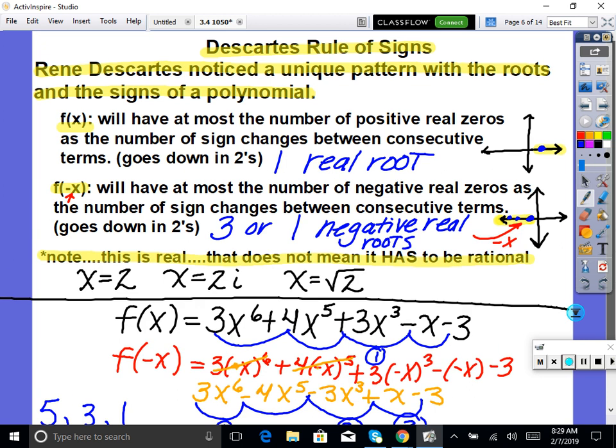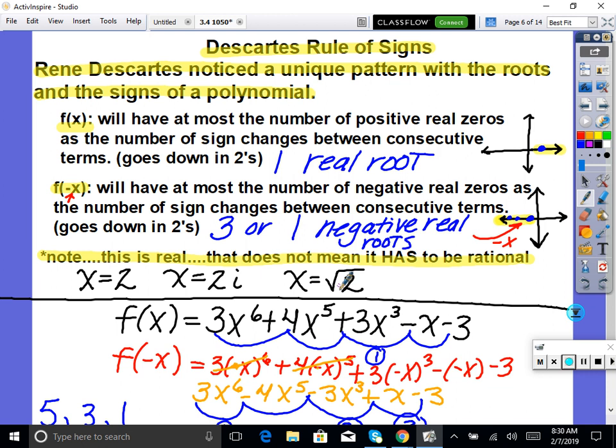Here is why it's not foolproof. People get this rule and then they think that these are rational roots. That's not true. Descartes' rule of signs, honestly, is just something that helps us, but it's not foolproof. So x equals 2 could be that, but also this is a real root. Do you see how these are both real roots? This wouldn't be a possible rational root, but it still crosses the x-axis.